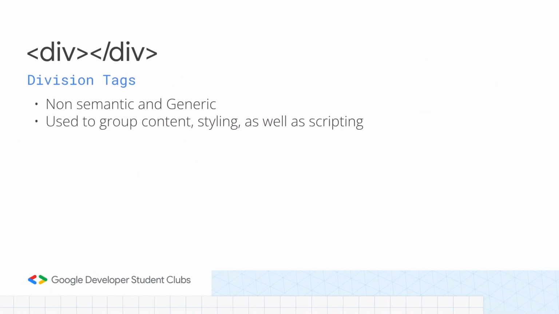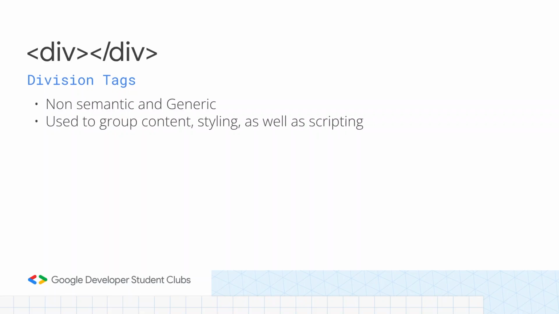And div. So this is kind of confusing at first, but a div is non-semantic and generic. Semantic means something has meaning. So when a div is not semantic, it doesn't really have meaning. You basically use divs to help you style content. Later on in CSS, we're going to style divs to move content around.